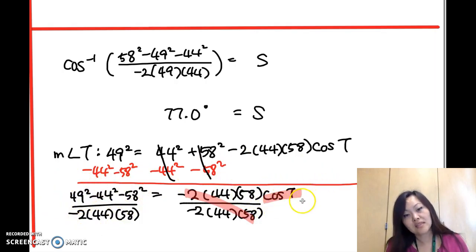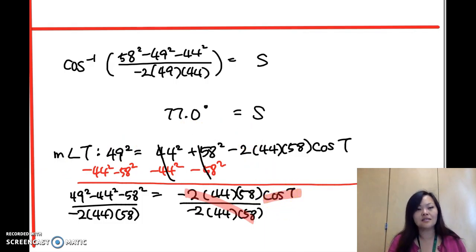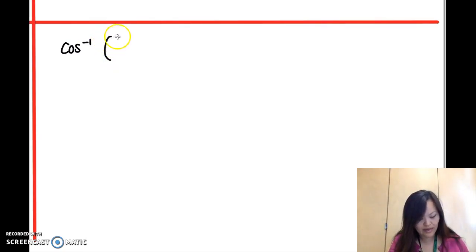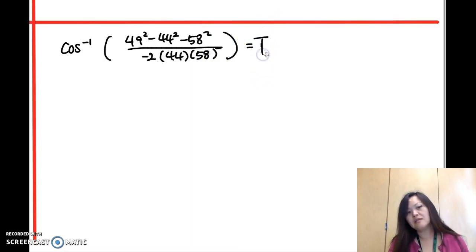But we don't want cosine t, we want the measure of angle t, so we have to find the inverse. The inverse, okay? So I have to go to the next page. We have to find the inverse of cosine, and we have to put all of that in there. And that would be the measure of angle t.